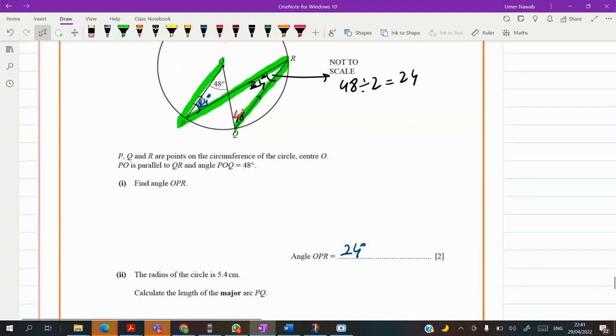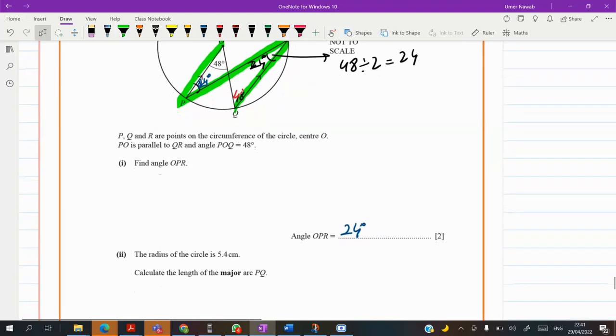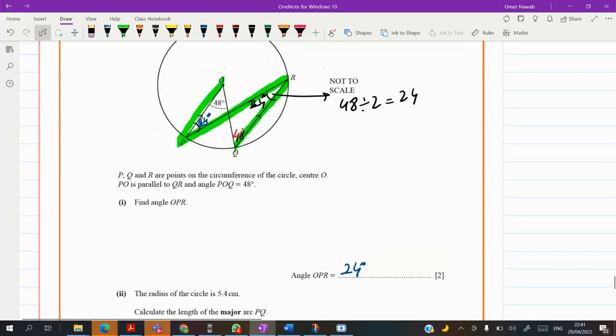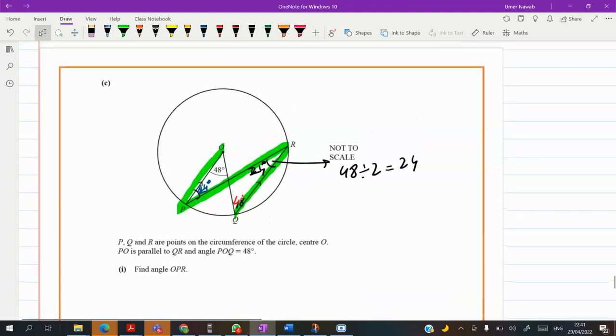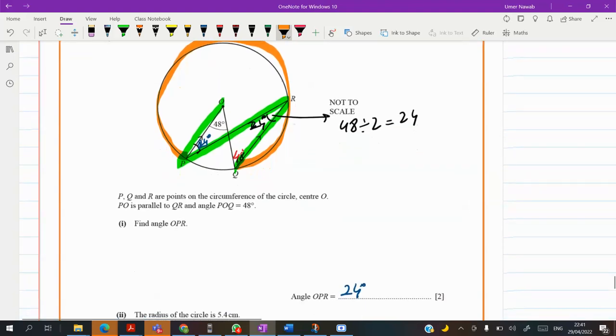The radius of the circle is 5.4. Calculate the length of the major arc PQ. So we want to find the length of the major arc. Basically, the major arc is this. This is the major arc. Can I find the minor arc first?